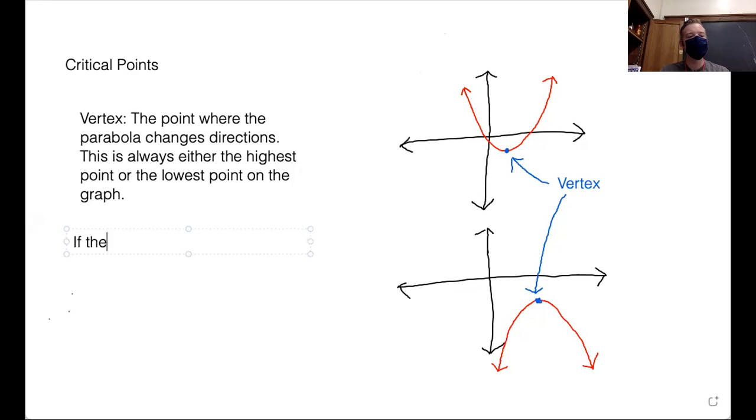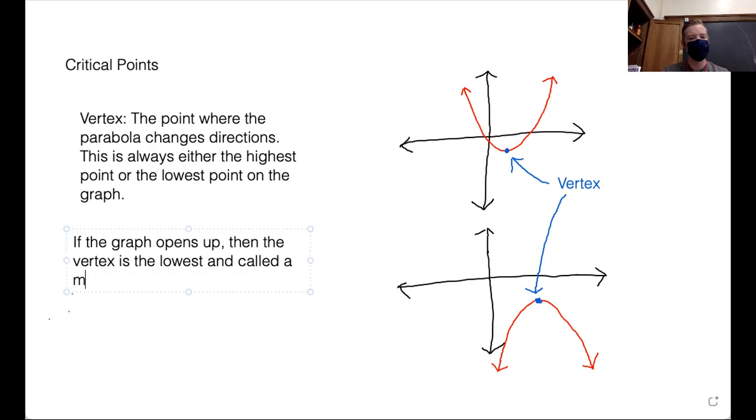So if the graph opens up, for instance, this top graph right here, the graph is going up because both of those arrows are going up, then the vertex is the lowest point and called a minimum.